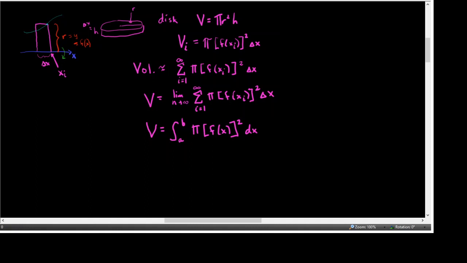All right, so there's the volume of a solid using the disk method.